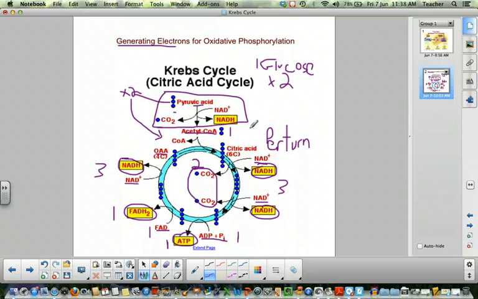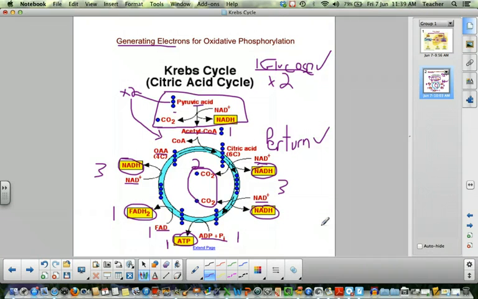For 2 of them, you get 6 NADHs, you get 2 ATPs, you get 2 FADH2s, and you get 4 CO2s. Okay, so you're going to get questions. Some of them are going to ask per turn of the Krebs cycle, what are the products? Some of them are going to ask per glucose molecule, what are you going to get? You have to really pay attention to that, and you have to know in a little bit more detail what happens per turn as well as per glucose.